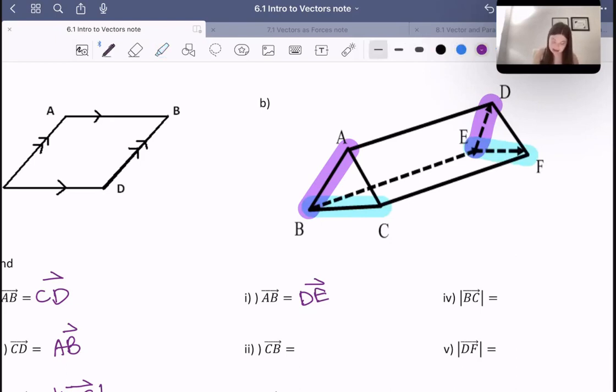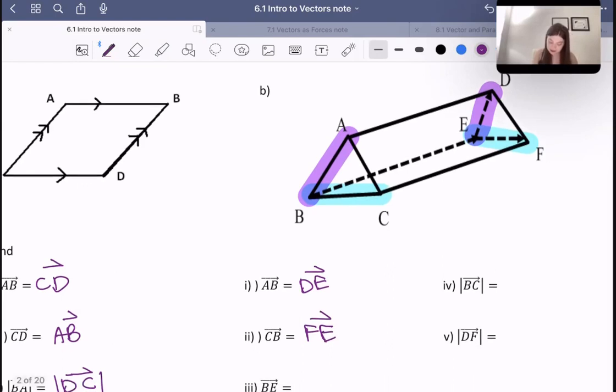So I'm going to say FE for this one. Then we have BE, which is from B all the way down to E. Well, that's the same as either CF or AD. So you could write CF or AD here, or you can write both, but do make sure you write at least one thing there, and any one of those is correct.